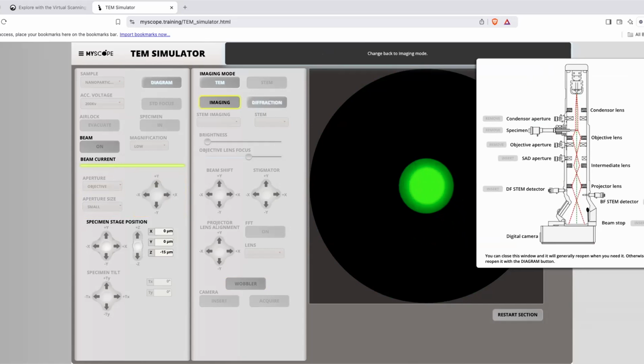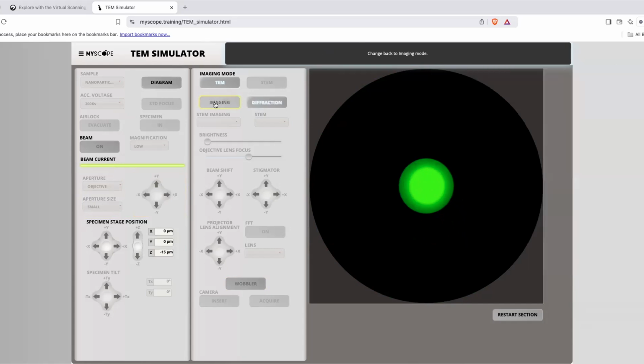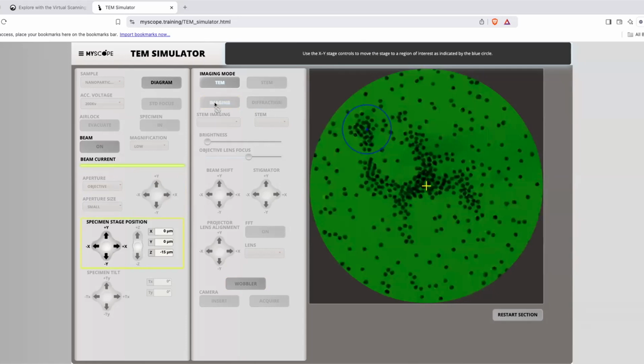Now you are all set for imaging. You just click imaging, and it's the part that you are interested in. These are nanoparticles. These are real images taken. In this you see a lot of nanoparticles, but you may want to look at a certain area. Then you bring that area to the center.